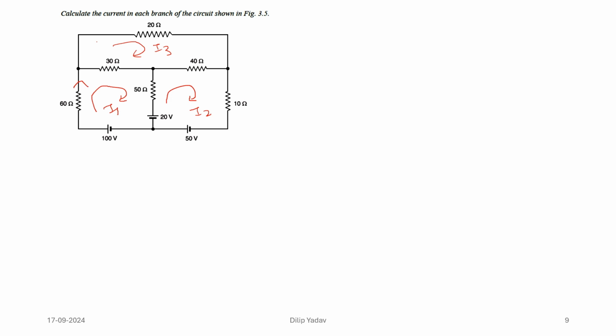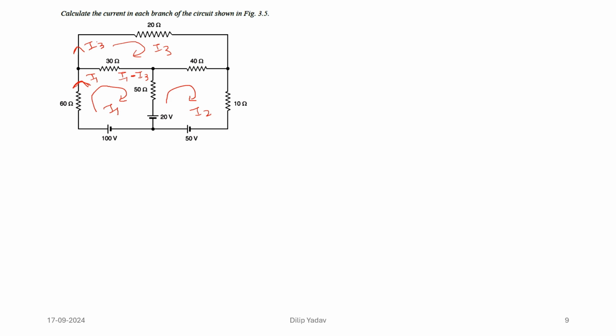If I1 is the current flowing across this terminal and the other is I3, then the current here will be I1 minus I3.